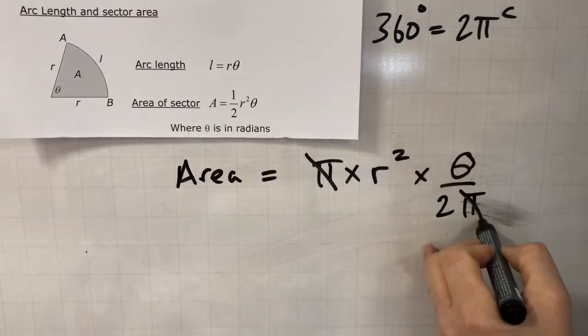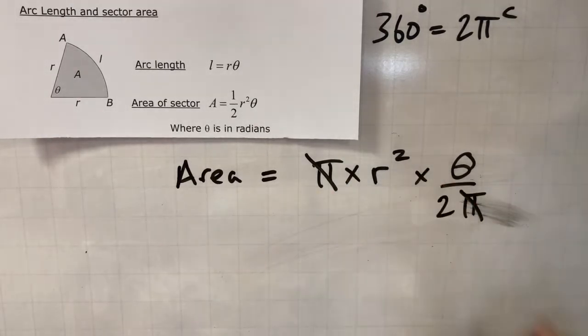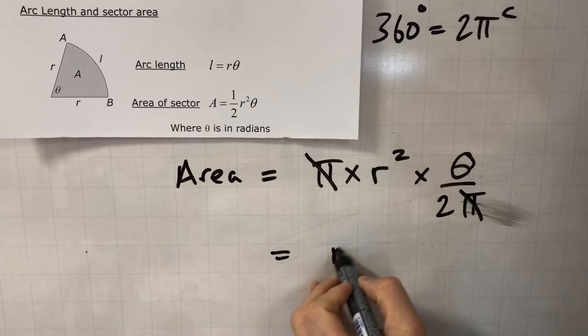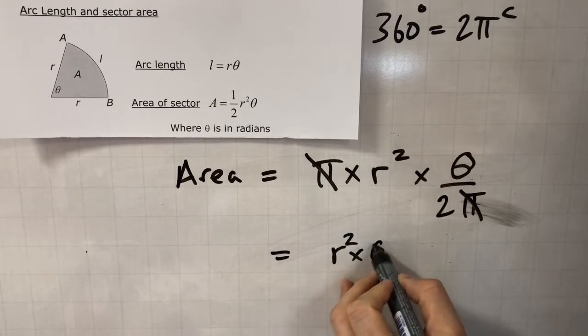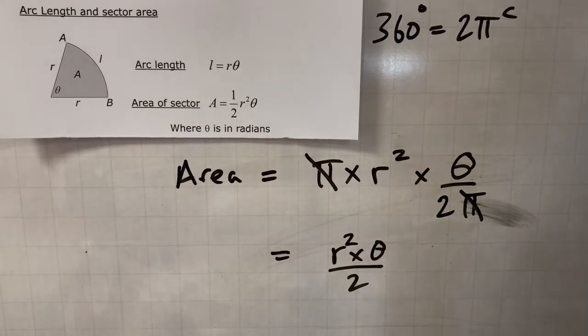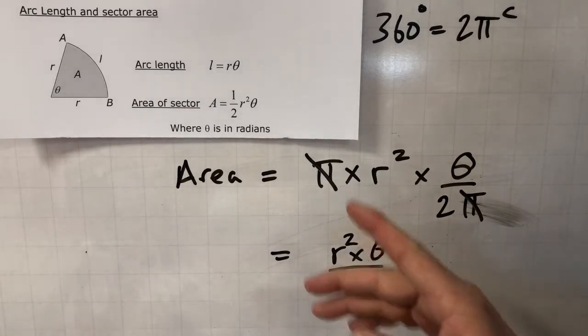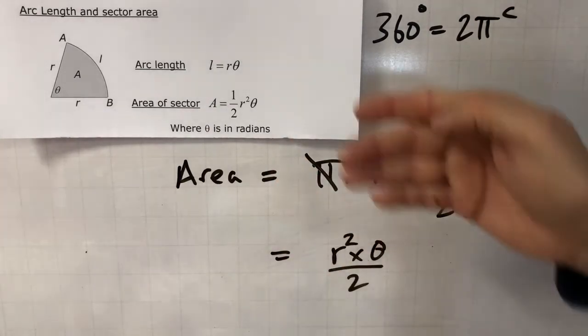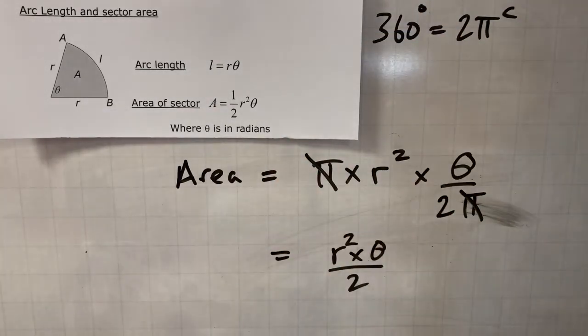Once again, that cancels. The 2 don't cancel this time. So you've got r squared times theta divided by 2, which they write as a half r squared theta. And again, that formula is only acceptable provided you're in radians. So there's the proof, but they're the only 2 things you have to remember.